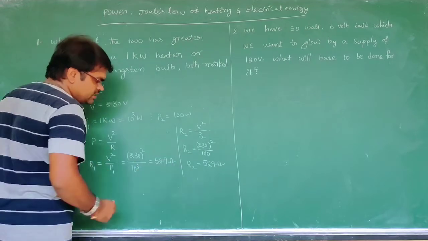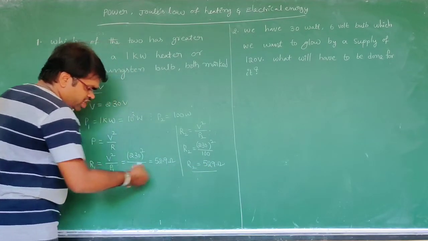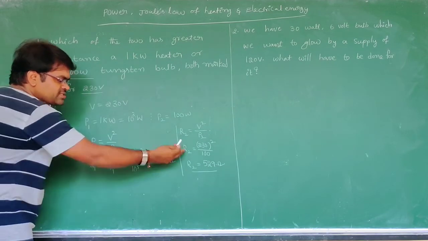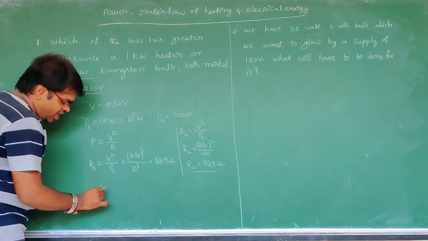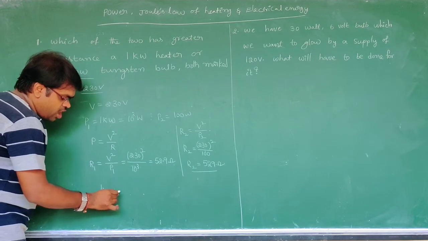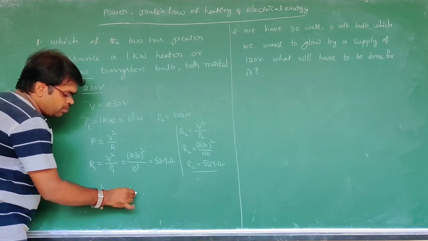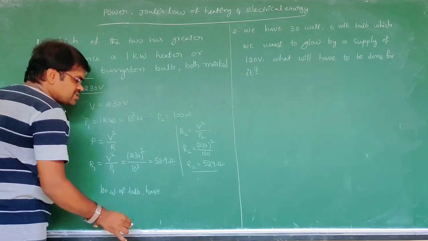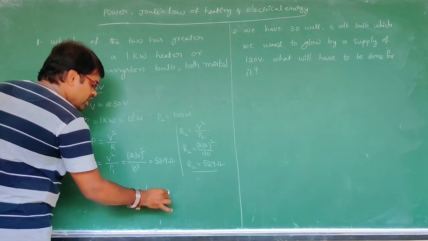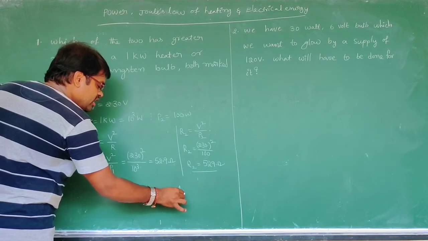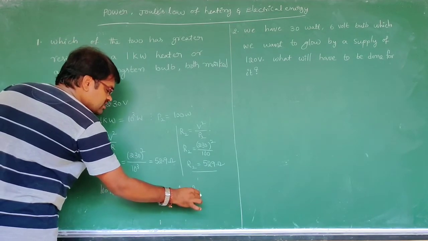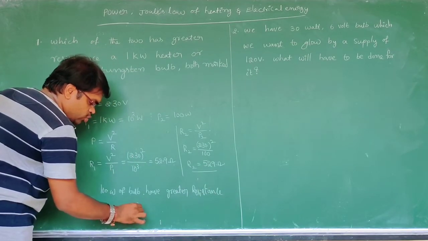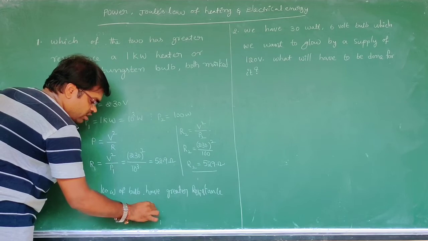You can see the second one, the 100 watt bulb, has the greater resistance. That means R2 is greater than R1.